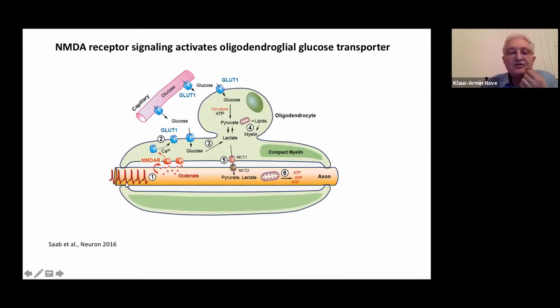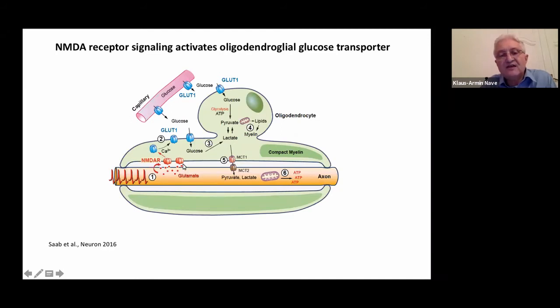And again, without going into details, we could show that oligodendrocytes themselves express NMDA-type glutamate receptors for the purpose of regulating the energy metabolism. Now, others have shown that a fast spiking axon always sheds or releases small amounts, trace amounts of glutamate, not only at the presynapse, also along the axon.